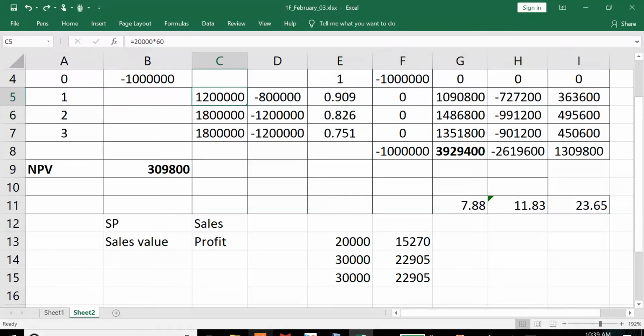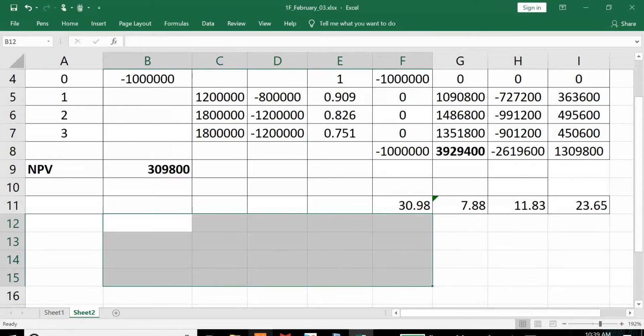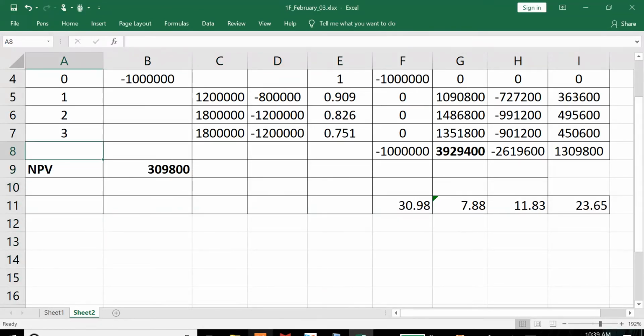Change is 309,800, base is how much? 10 lakhs, and sensitivity is 30.98%. Any doubts on this?